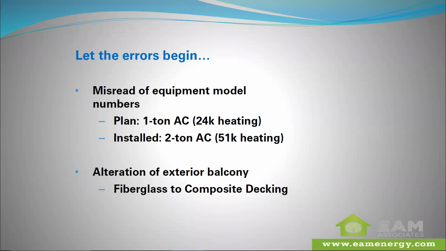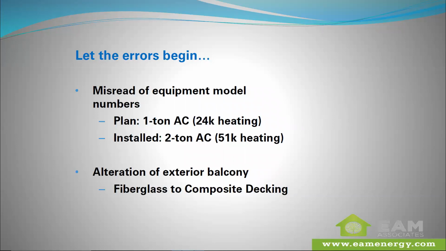As you get into more complicated types of HVAC equipment, some of the heat pump stuff in particular, not everything is the same, and somebody really needs to be vetting when something's going to be changed. In this particular case, and I'll show you on the nameplates, we had the plan calling for 1-ton units of AC, which are available in the system type, and then they installed a 2-ton unit, and then they also doubled the heating as well.